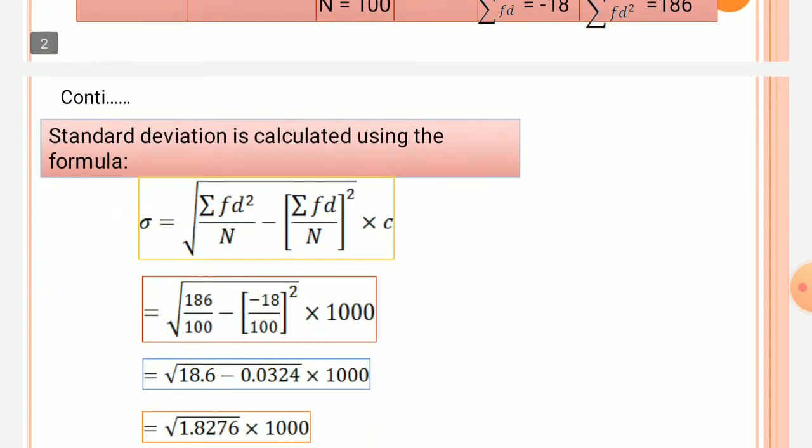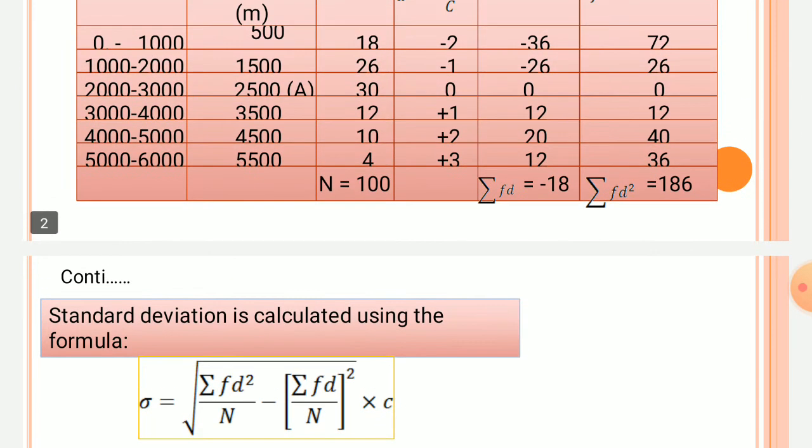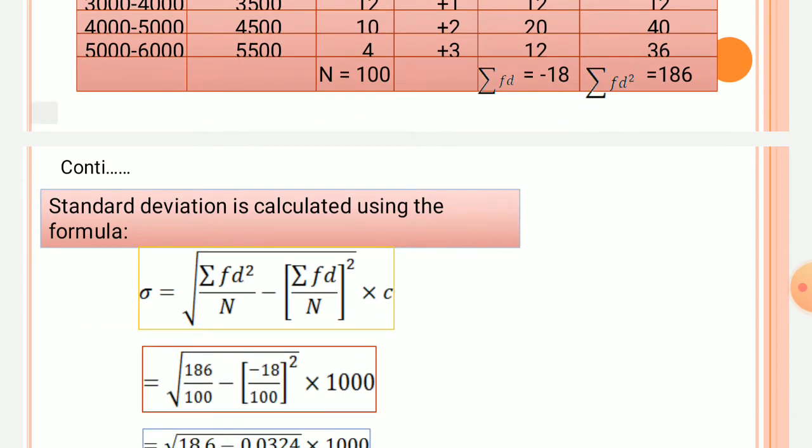Now, standard deviation can be calculated using the formula sigma equals root of sigma fd square by n minus sigma fd by n whole square, into c. That is, root of 186 divided by 100 minus minus 18 divided by 100 whole square, into c, 1000.